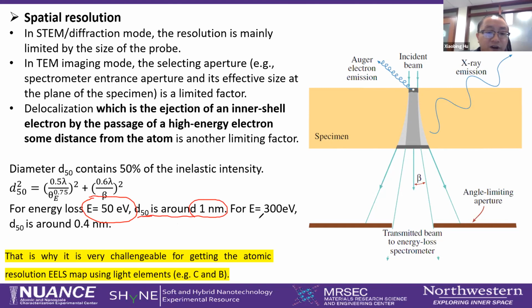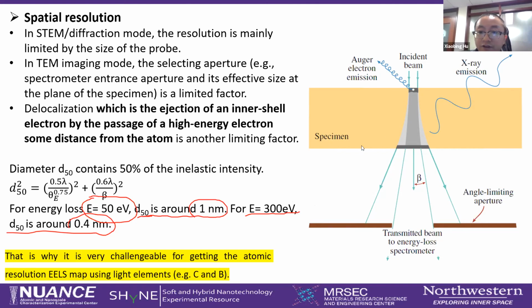If the energy loss is 3 kV, the spatial resolution is about 0.4. That's why for some light elements like carbon and boron, although you can detect their signal, you cannot get a 2-dimensional EELS image with atomic resolution, because their spatial resolution is low, about 1 nanometer. But for higher energy loss, you can see this.